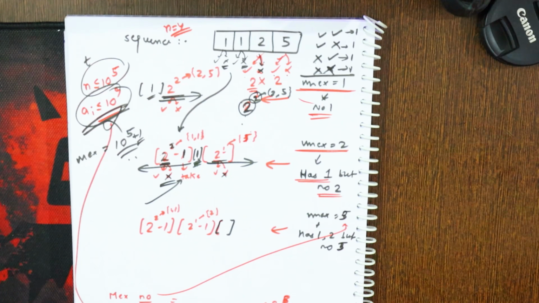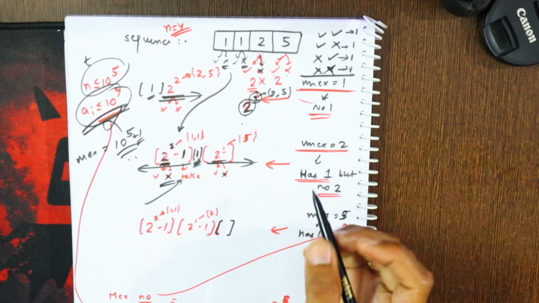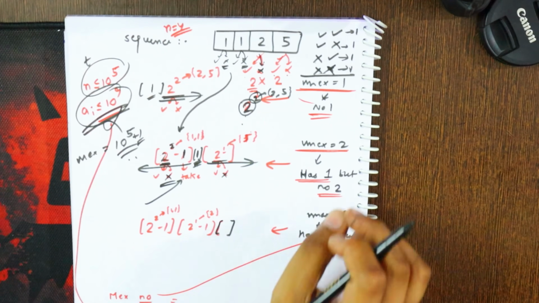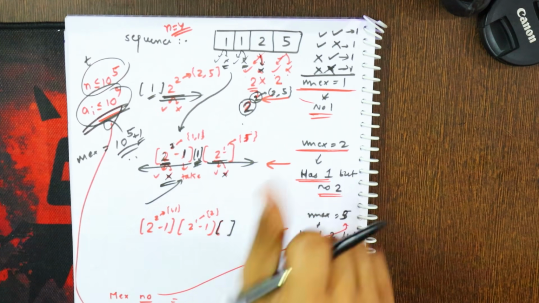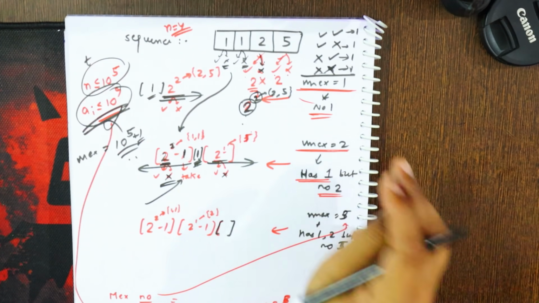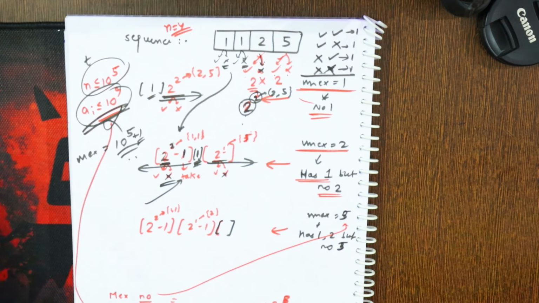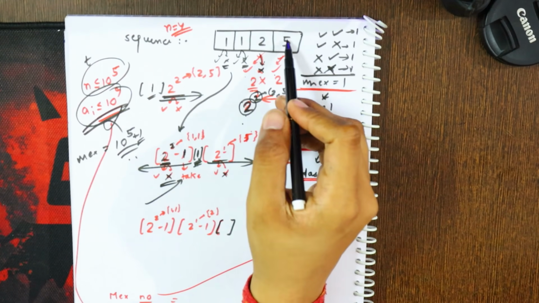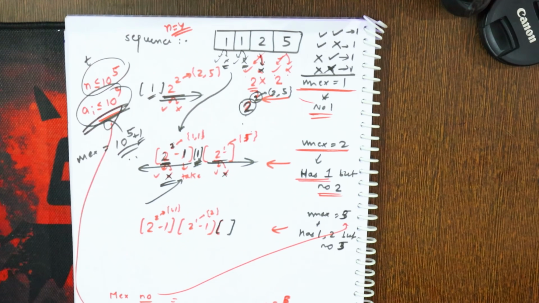So let's take our third. Next what we can have is MEX equal to 3. But for MEX equal to 3 you want 1, 2 and not 3. So yeah, I want 1, I want 2 and not 3. See, as you can see in this example, I have my element as 5. So you will say, Aryan, you are right.